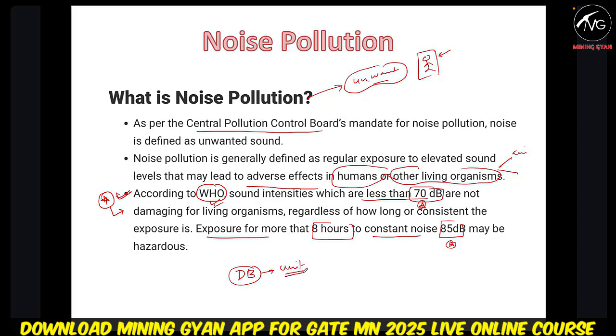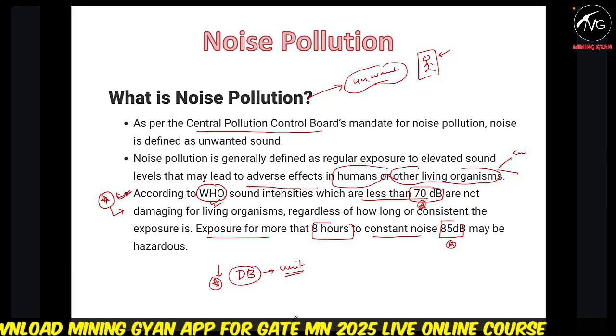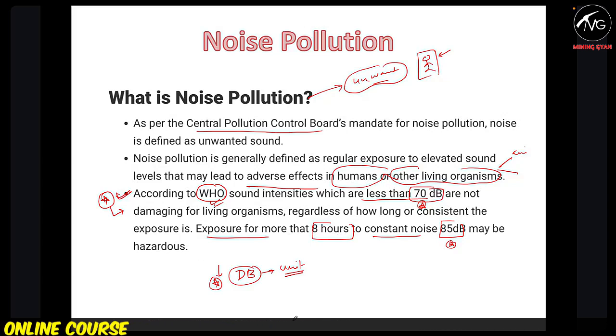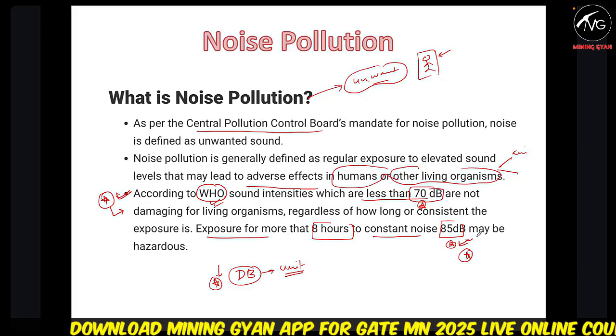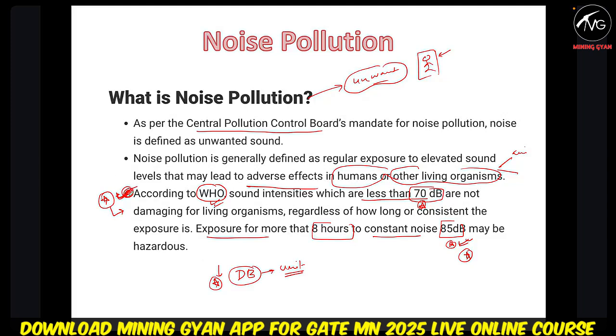So first it is basic, you should know the unit of sound is decibel. According to the WHO, less than 70 decibel is normal for the living and will not affect living organisms, but it depends how long you stay. If you are staying in an environment for more than 8 hours where the noise is 85 decibel or more, it will be hazardous. So please remember this one fact, the whole line.